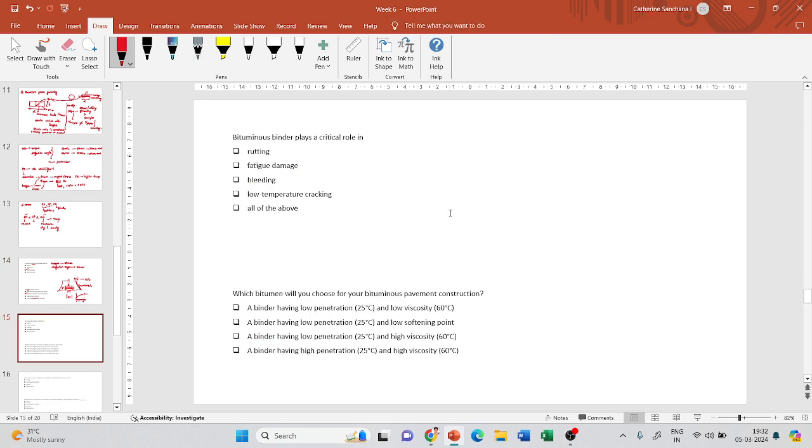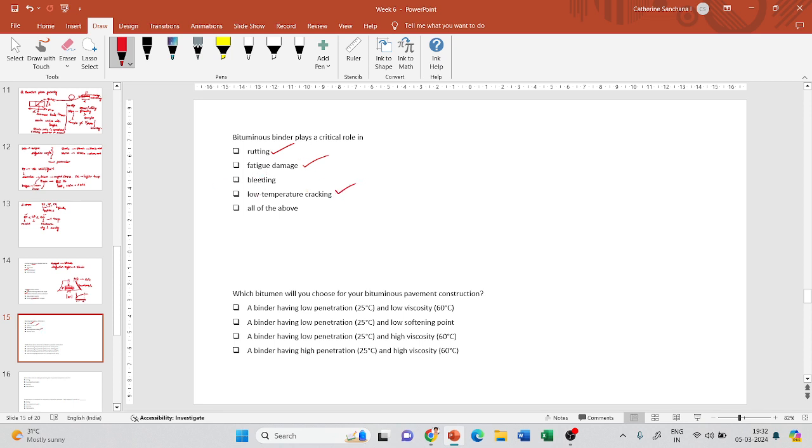Okay, so here bituminous binder plays a critical role in what? We saw that it has criteria for rutting and fatigue. In order to prevent rutting, it has to be stiff, and in order to prevent fatigue, it has to be soft, right? Similarly, in order to prevent low temperature cracking, it has to be soft.